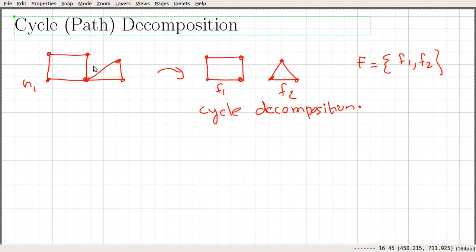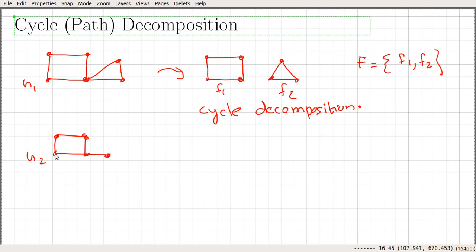Here I think there is only one way for a cycle decomposition. In an arbitrary graph we could have many cycle decompositions. So this graph has a cycle decomposition. Now let's consider a different graph, which looks similar to this, but here we have a structure which looks something like this. Let this be G2.